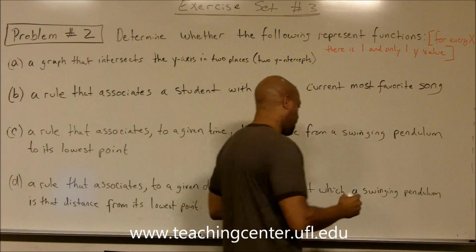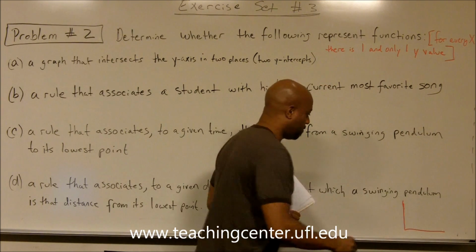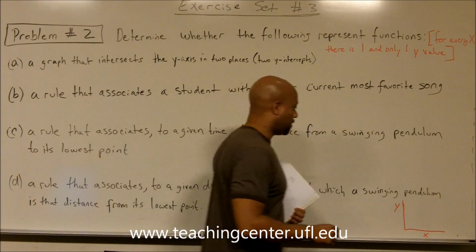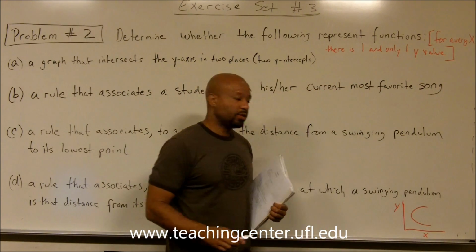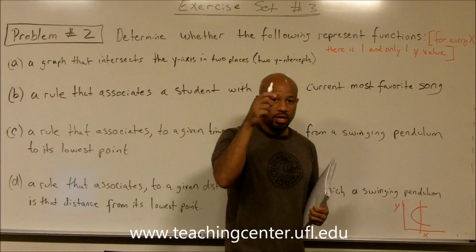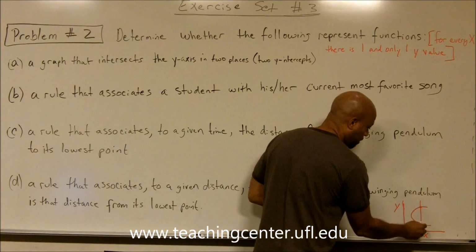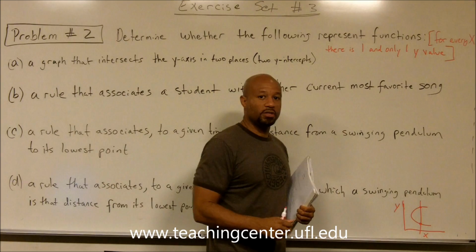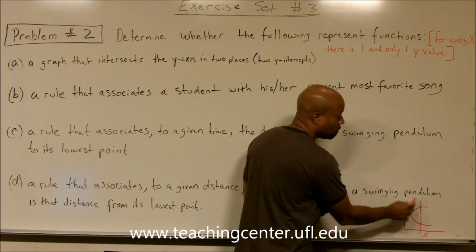Basically, if you have a graph here and you have your x and your y, and a vertical line intersects your graph at more than one point, for example here and here, then that is violating the definition of the function, because you see for an x value, we actually have two y values.